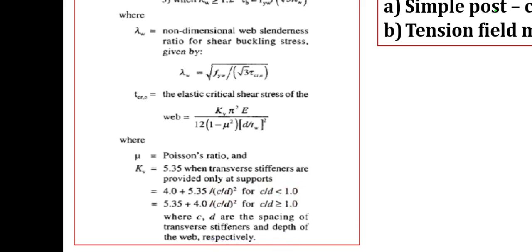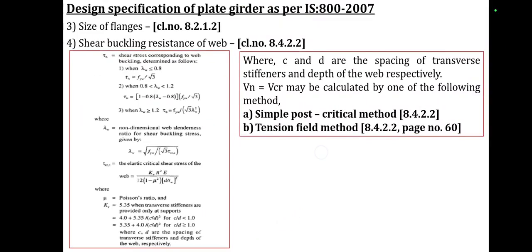And if this ratio is greater than 1, then 5.35 plus 4 divided by c by d squared. Here c and d are the spacing of the transverse stiffeners and the depth of the web respectively.